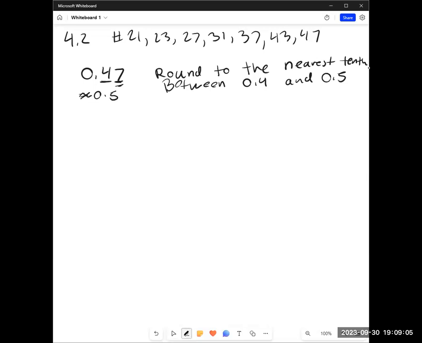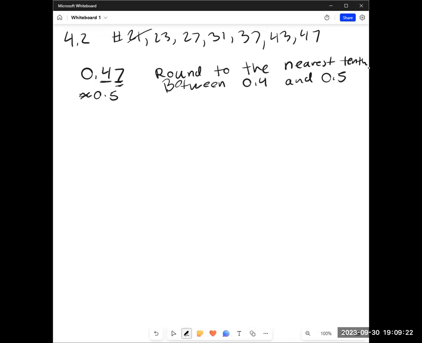That 47 is closer to 50 than it is to 40. Okay, so that's how we're going to round it. We're going to keep it just to the place value that we rounded to, and we're not going to put any additional decimal places after it.